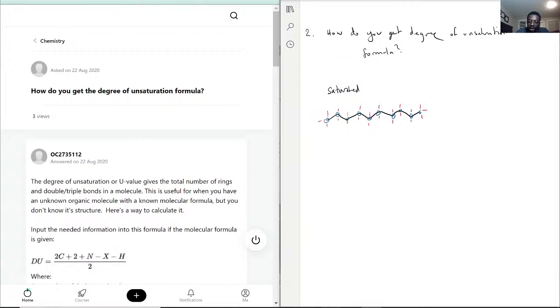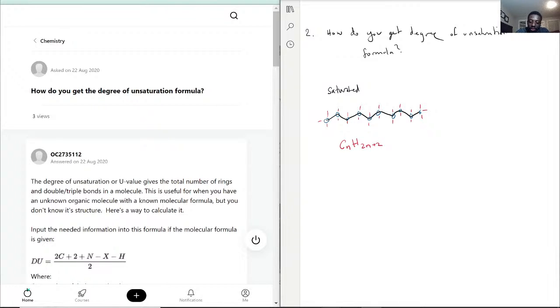And remember, when we're trying to figure out our formula for carbons in saturated hydrocarbons, it's CnH2n+2. That is the formula for it.